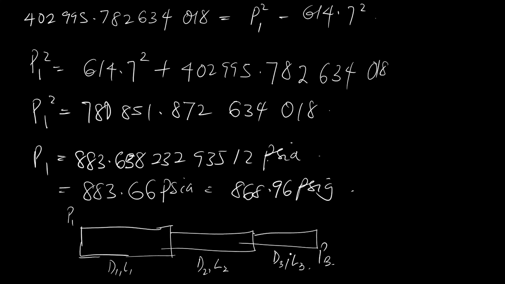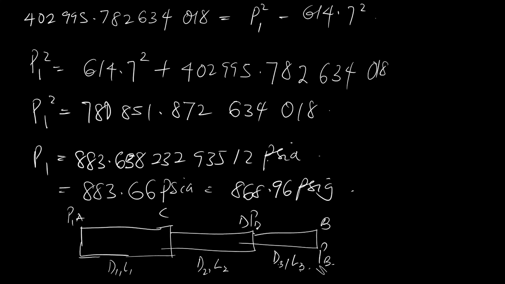Now using the general flow equation, you are given this and this. Let's say here is A, B, here is C, D. You're calculating pressure at D from this.